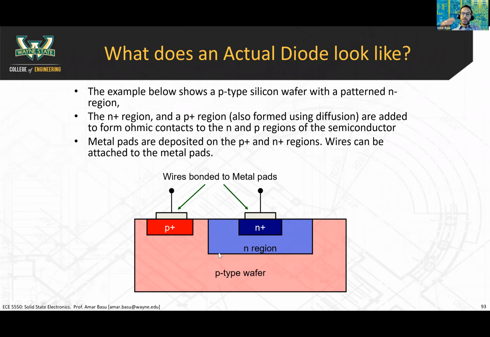Then you can go through another diffusion step just in this region where you dope it with an even higher concentration of donors. That way you can make a small n+ region within this n-type material. And then finally, over here, you can dope this as P+, so you dope it with acceptors at a high density.